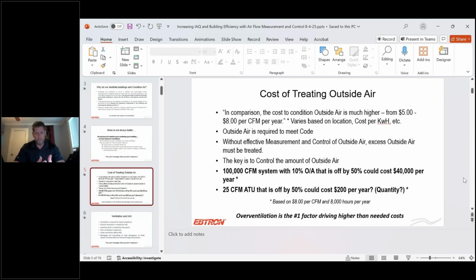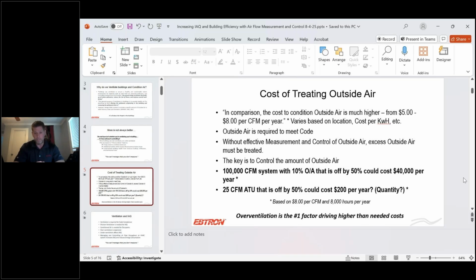But if you type it into Google and ask how much it costs, it states roughly $5 to $8 per CFM per year to condition outside air. We know outside air is required to meet code. So without effective measurement and control of the outside air, it's very possible in most cases that there's excess outside air that has to be treated. And the key is to control that outside air.